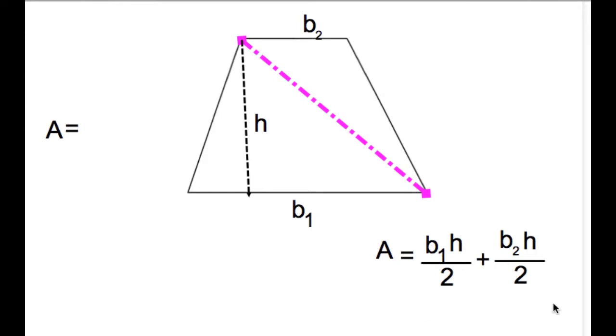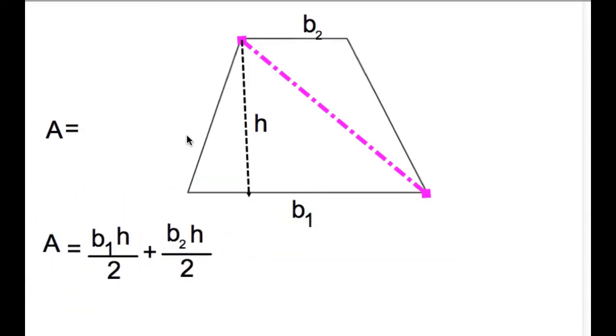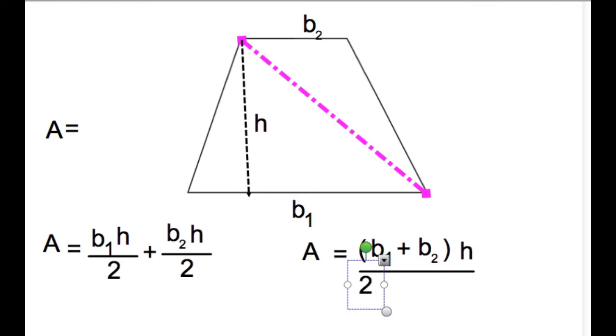And so what we end up doing with our formula for the area of a trapezoid is we take it and we change it and we use some algebra and we say the area is equal to, and now we've got our parentheses, which means to do this first, I've got to take the length of the first base, I've got to add it to the length of the second base, and after I do that, I can multiply that total times the height, and then I'm going to take that total and I'm going to divide it by 2.